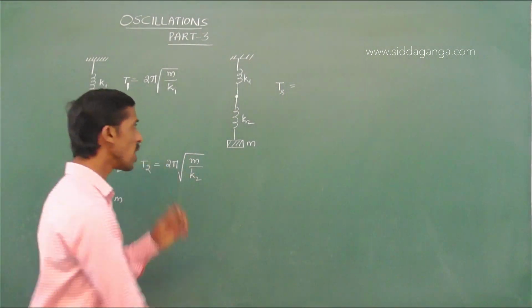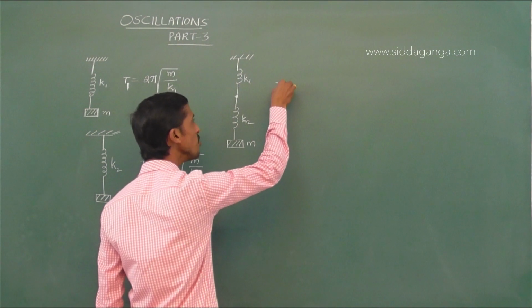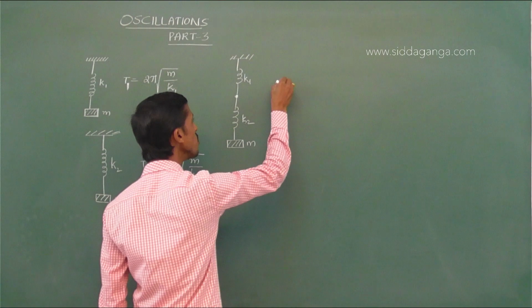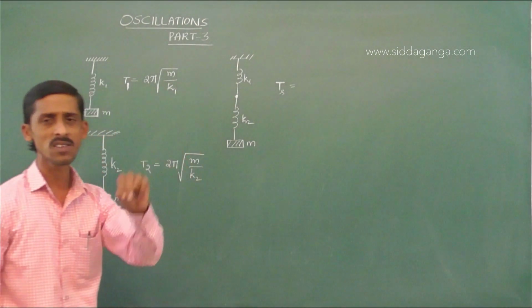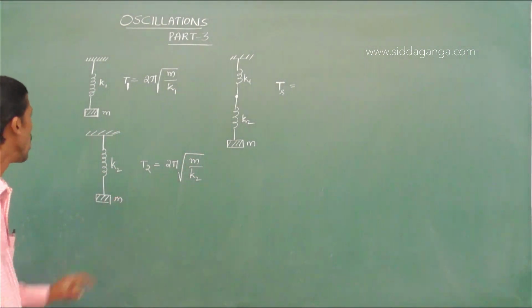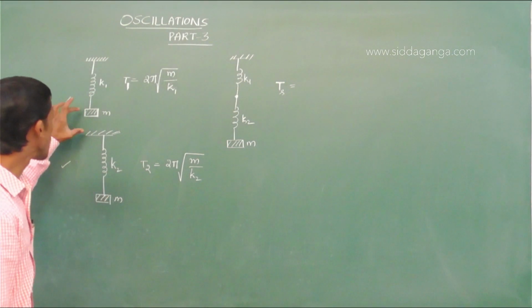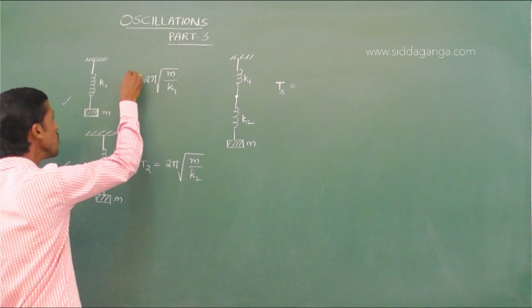In the previous class, we have written directly the formula of the time period of oscillation of a spring system having two springs in series. Here, two individual springs with a given load have the time periods T1 and T2.